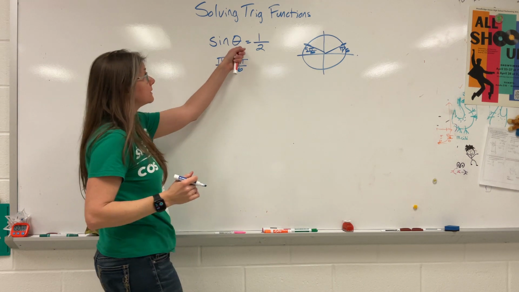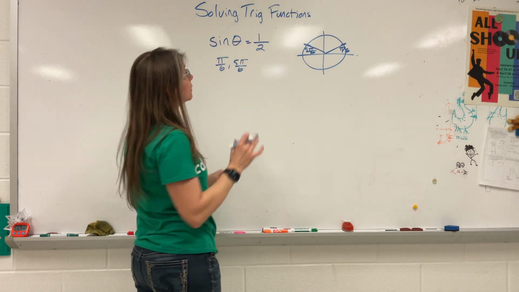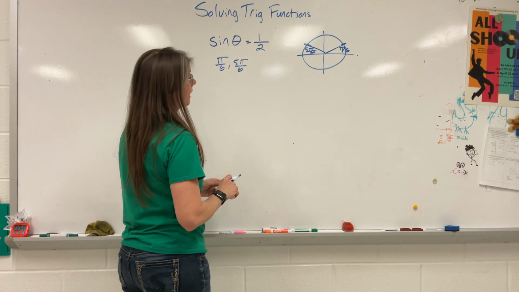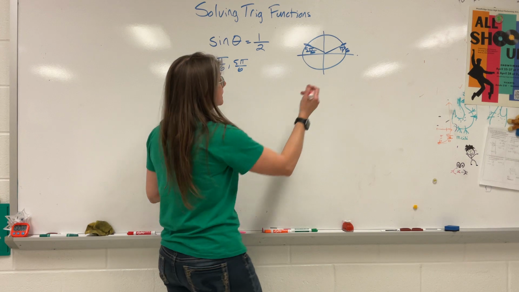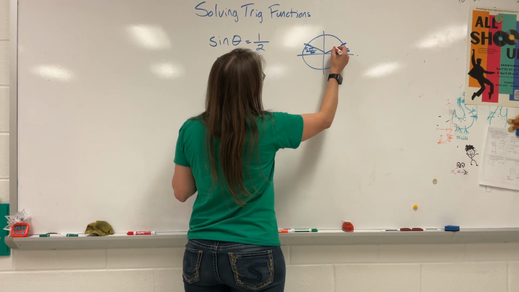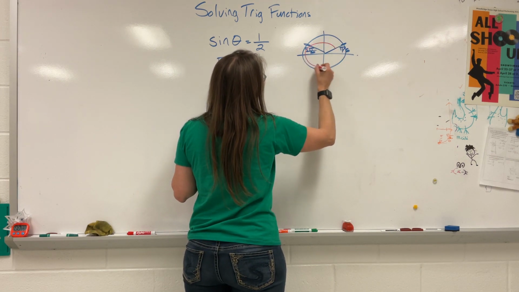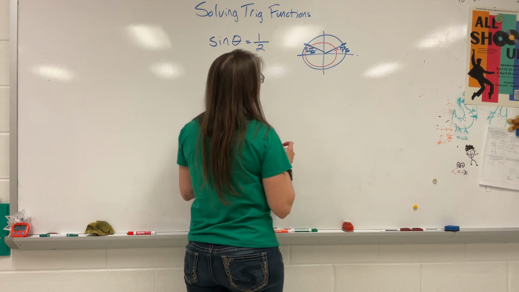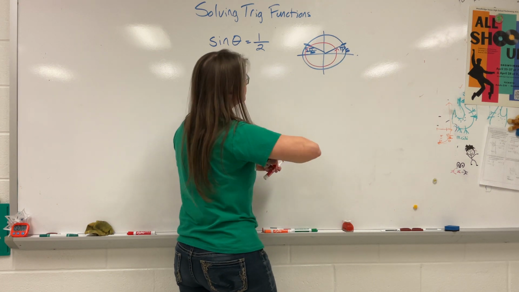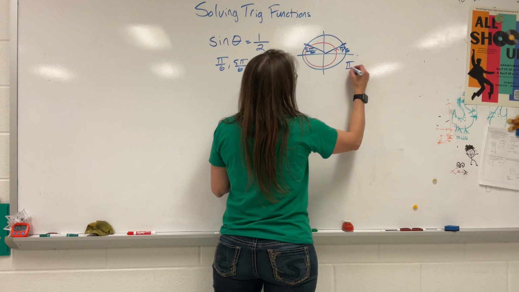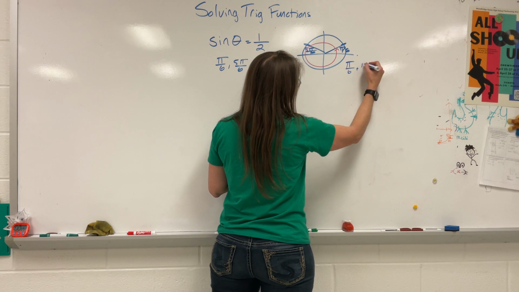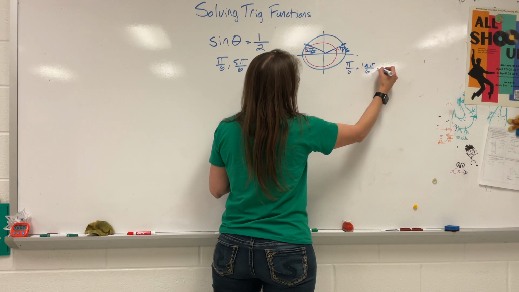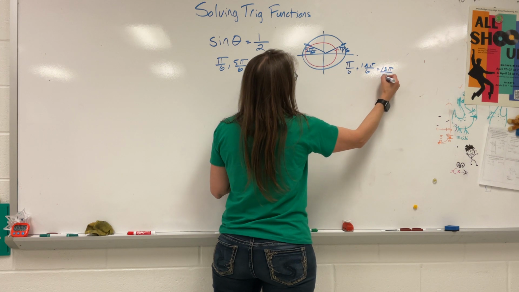But that's not the only thing that I can replace theta with that will give me 1/2. What you have to think about is that any coterminal angle with pi over 6 would also give you 1/2. So you have pi over 6 plus 2 pi, which is 12 pi over 6, giving you 13 pi over 6.